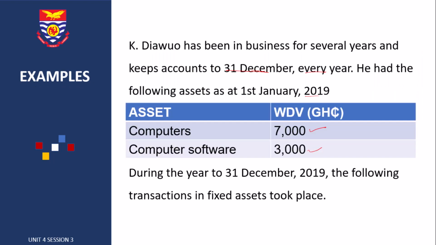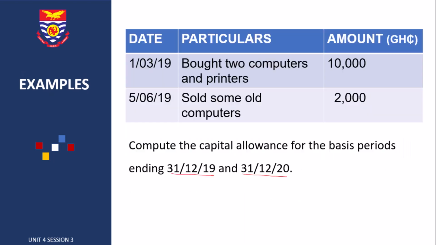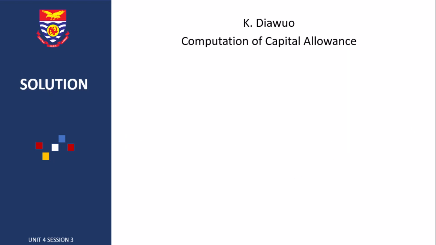So I'll go back again so we take notice of the question and then we can solve it. Okay, now let us look at the solution. We're told to compute capital allowance for the basis period ending 31st December 2019 and 31st December 2020.